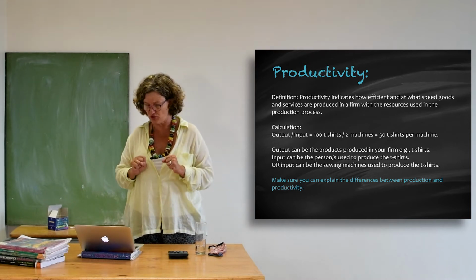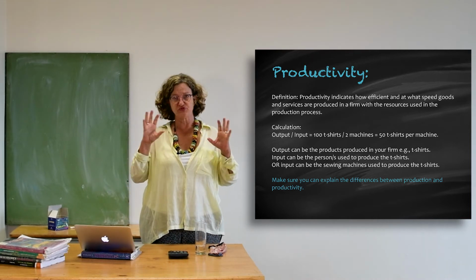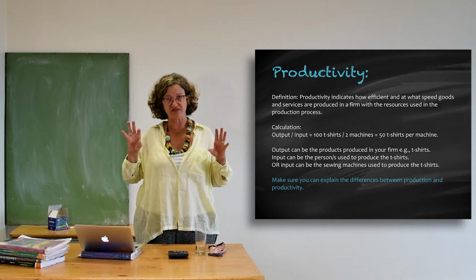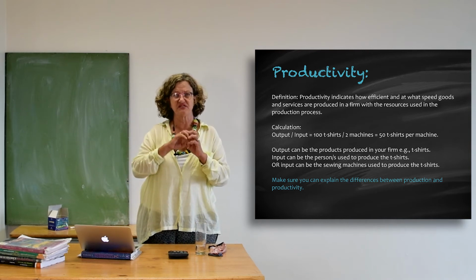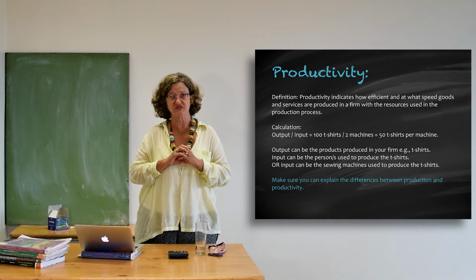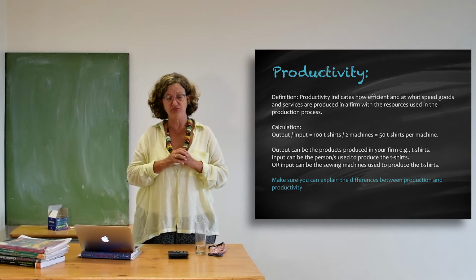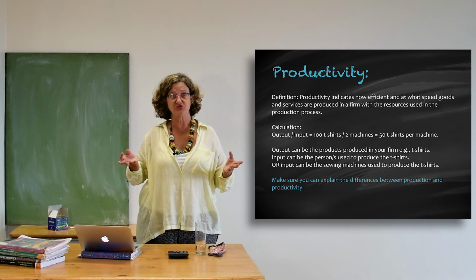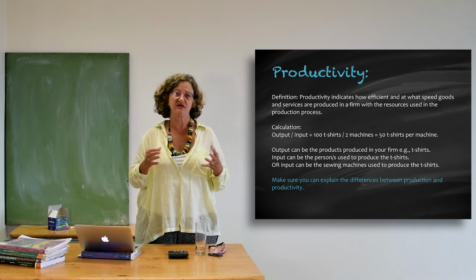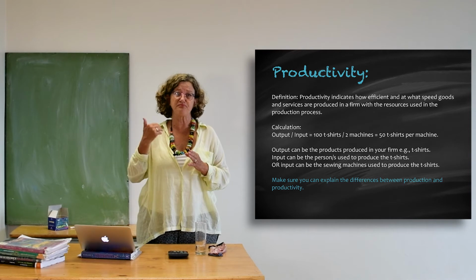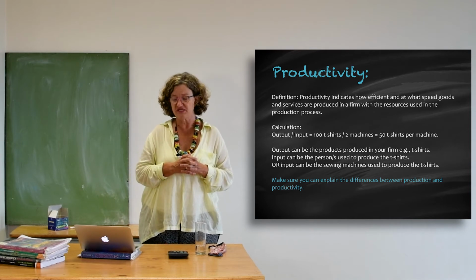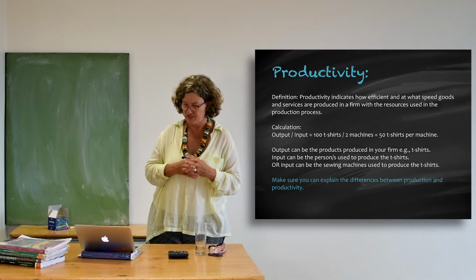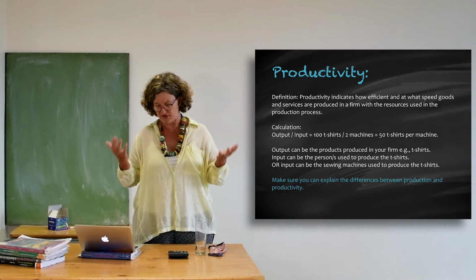Say for example, we produce t-shirts in our factory, and you have said your output is 100 t-shirts. You divide by your input, and your input is, say for example, 2 sewing machines. Then you say the productivity per sewing machine is 50 t-shirts per week, say for example.